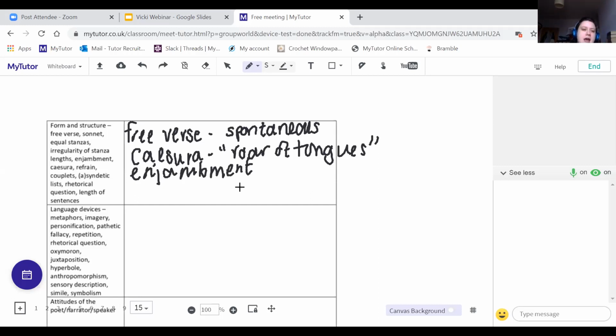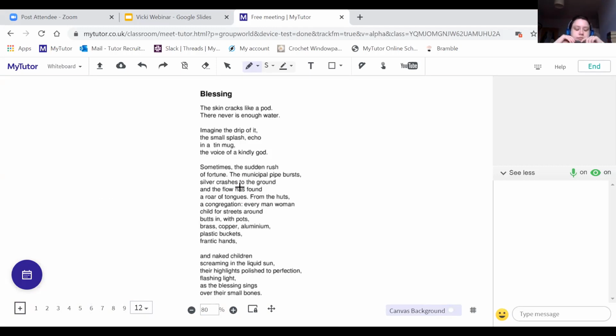Have we got any asyndetic or syndetic lists? Have a look at the third stanza. Yeah, we've got an asyndetic list. Yeah, lovely. So the enjambment is showing the splashing and the rush, the franticness of it.